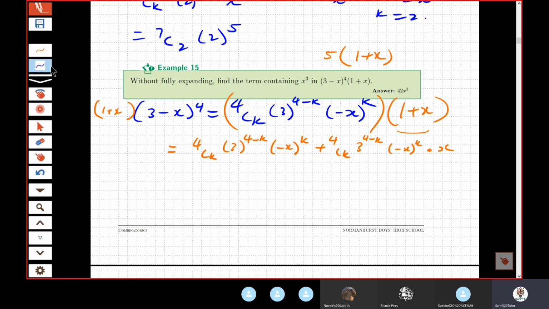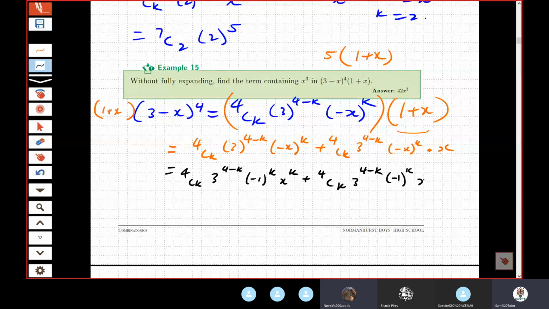All right, I'm just going to get a black color. So again, fix this up because you don't want to have a negative. It's not going to work very well. So 4 choose k, 3 to the power of 4 minus k, negative 1 to the power of k, x to the power of k, plus 4 choose k, 3 to the power of 4 minus k, negative 1 to the power of k, x to the power of k times x would be x to the power of... x plus 2, yeah.